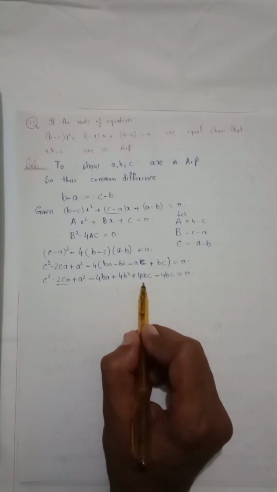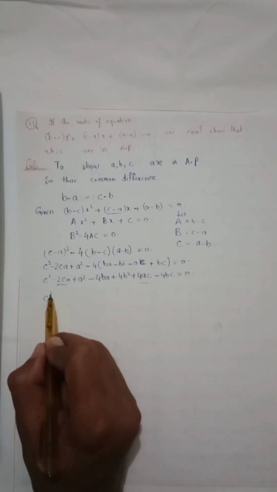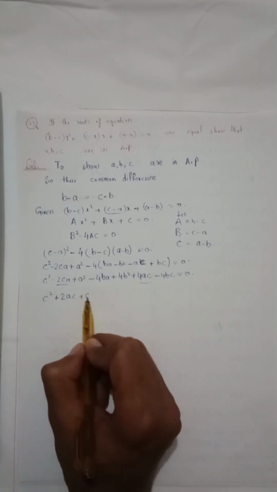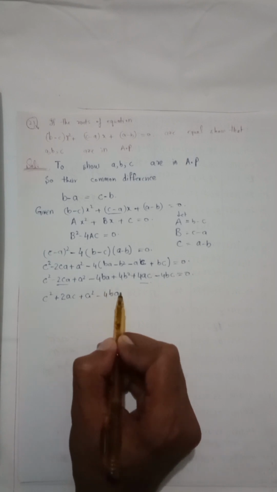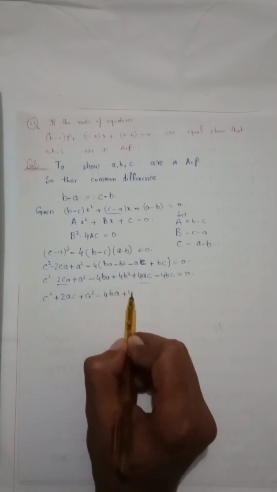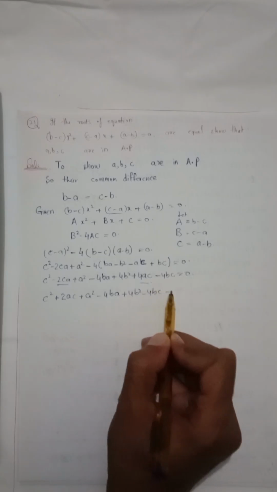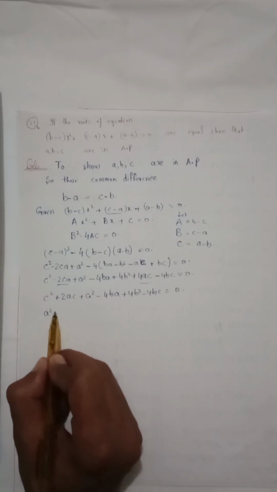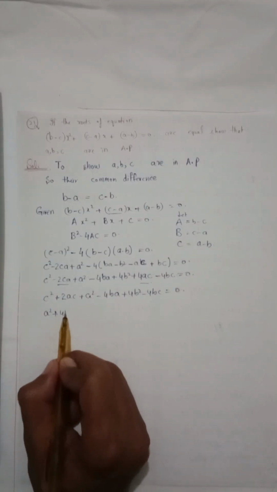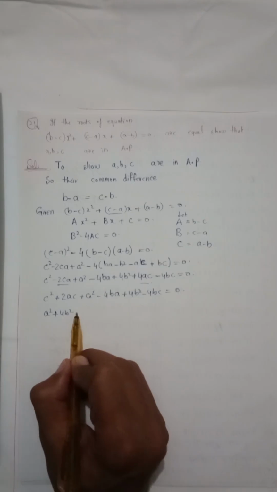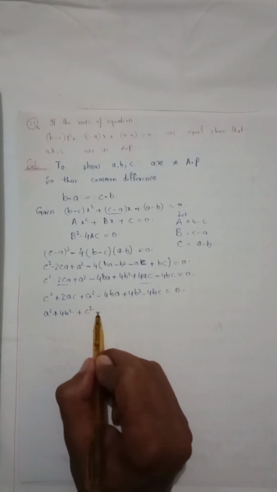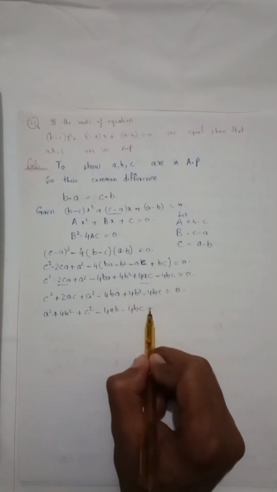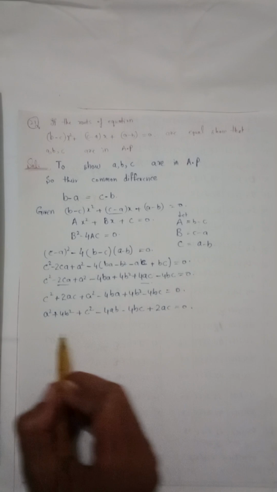This gives c square plus 2ac plus a square minus 4ba plus 4b square minus 4bc equals 0. By rearranging: a square plus 4b square plus c square minus 4ab minus 4bc plus 2ac equals 0.